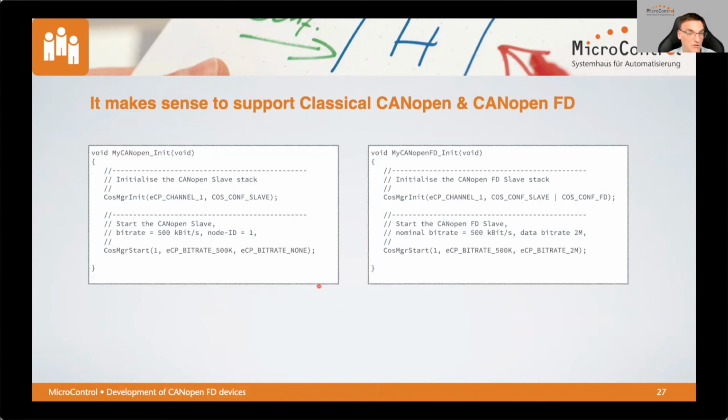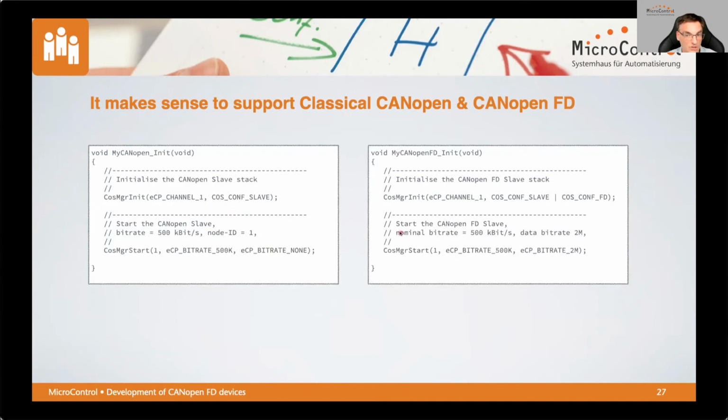Of course, at the end of the day, if you are now writing CANopen FD software and maybe using your existing code, from our point of view it makes a lot of sense to support both Classical CANopen and CANopen FD in your device. Here is a part of sample code for two typical initializations. If we would like to initialize a device like a standard CANopen slave stack, we use pretty much the same functions, but with different values. We are just saying you're a simple CANopen slave using just one nominal bitrate.